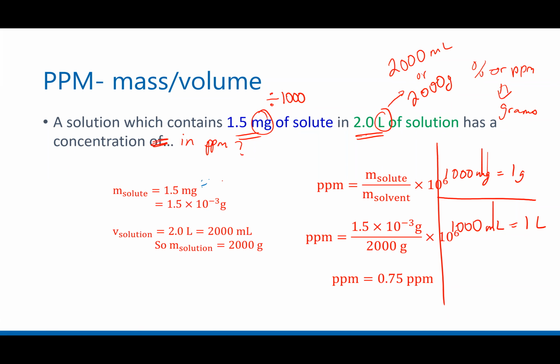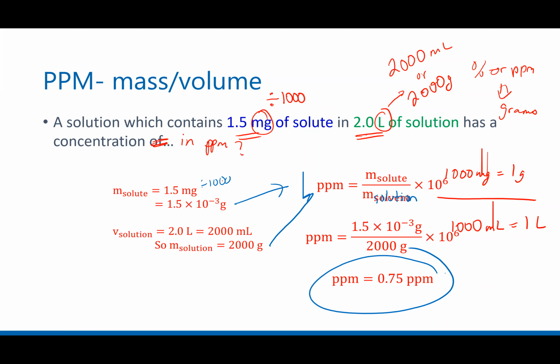I divide by 1,000, and then I take these 2 numbers and put them into my equation. And that's really it. So mass of your solute over mass of the solution, times 10 to the power of 6, and you get your parts per million. It's typically a pretty small number.